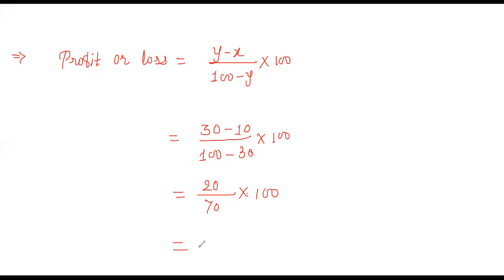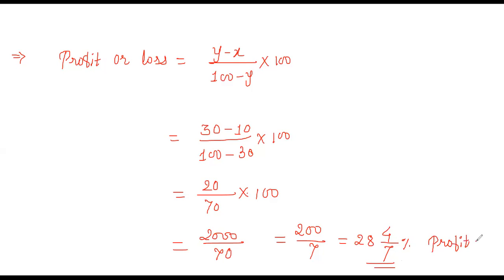By calculating it, we get 2000 divided by 70, and then 200 divided by 7, which gives 28 and 4/7%. Now tell me whether it is profit or loss. Obviously, it is profit percent. Okay.